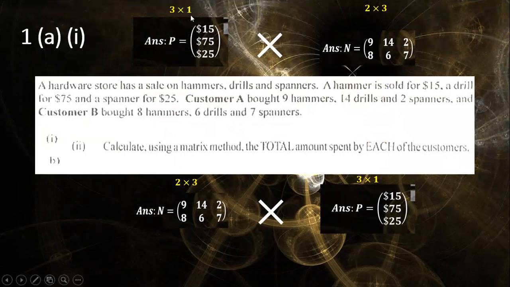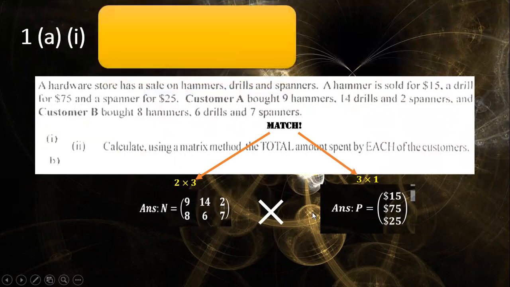It does not match with the arrangement on top, but it matches down here. This 3 matches with this 3. We can clearly see that this will be the order in which to multiply the matrices. It will be matrix N multiplied by matrix P. Let's proceed to do that. You have NP, which means N multiplied by P.